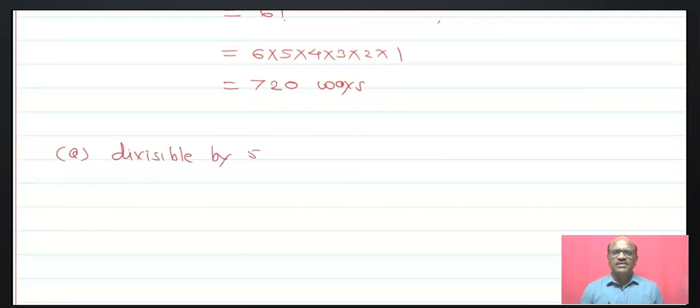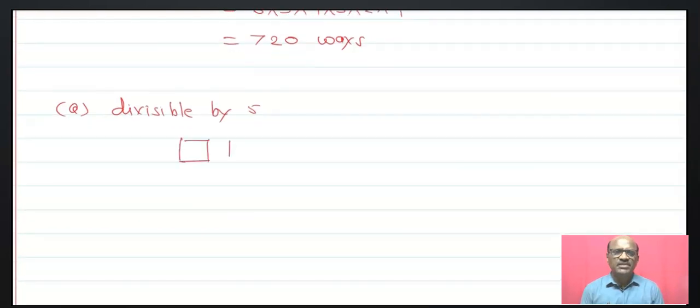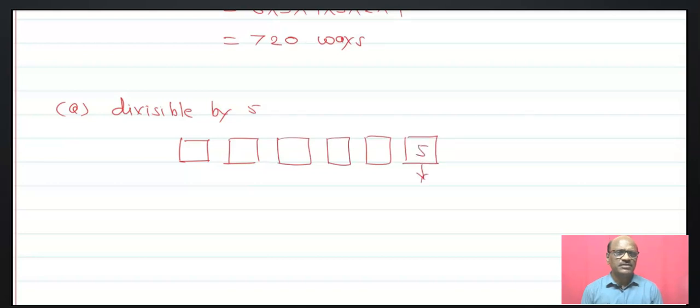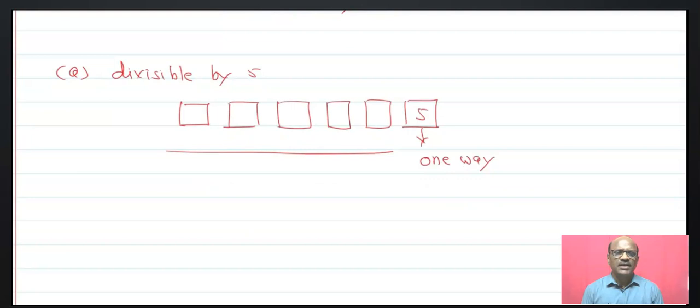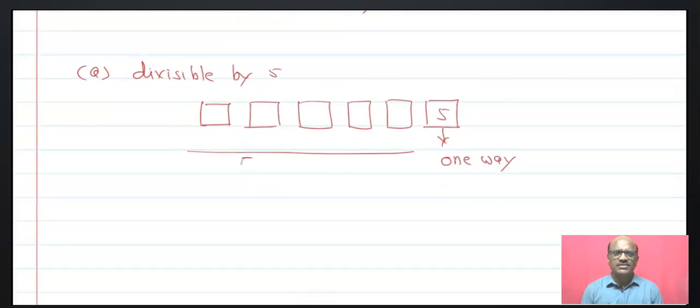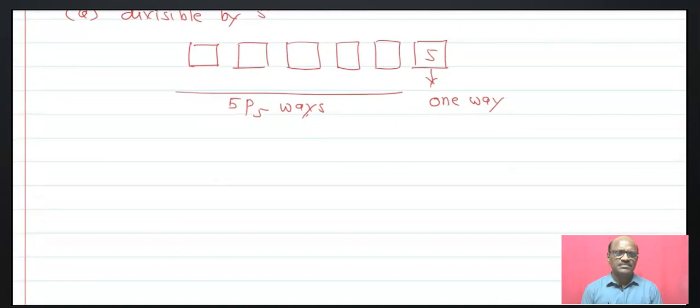Now the first part, the number is divisible by 5. When the number is divisible by 5, then its unit place must be 5. This is the one way. And the remaining 5 places can be filled in 5P5 ways.